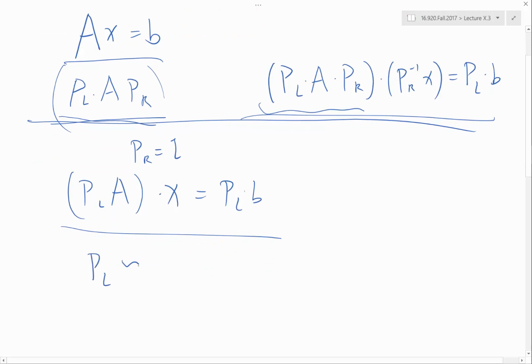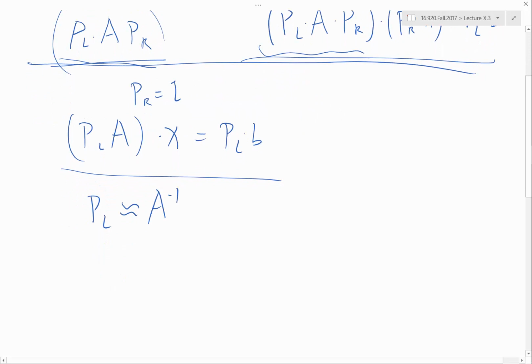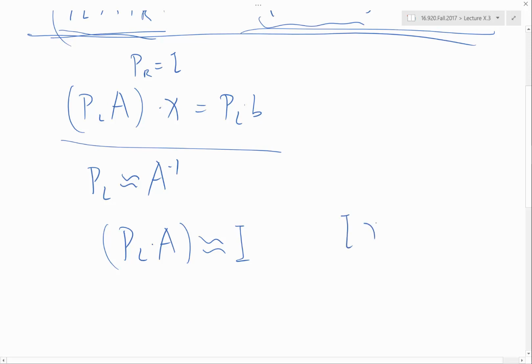If I have a PL approximately equal to A inverse, then my PL times A is approximately equal to what? Identity, right? So I have something like identity X equal to PL times B. If you use Jacobi, it'll converge in one step, one iteration. If you use Gauss-Seidel, it'll converge in one iteration, right? So it's beneficial to think of the preconditioner as an approximate inverse of A.